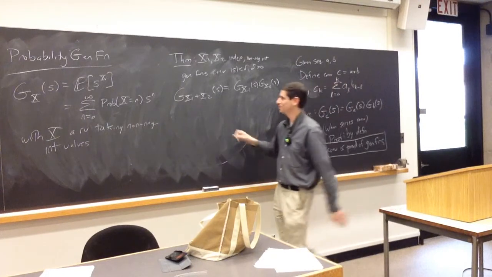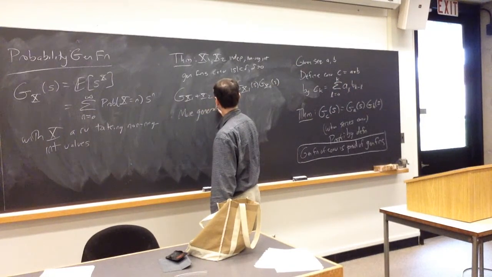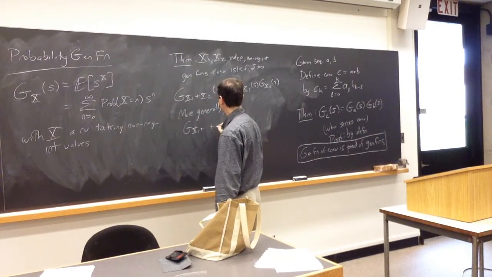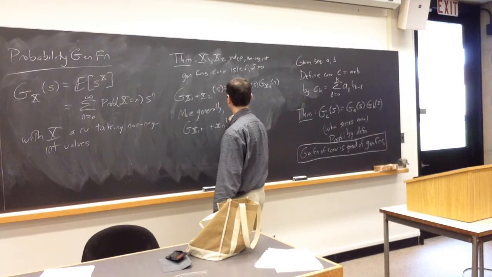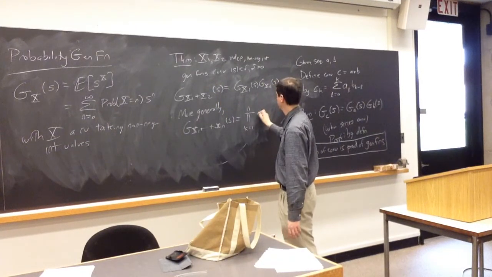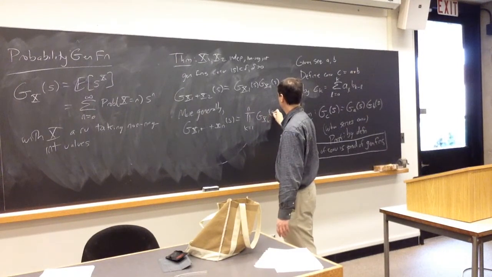More than two. More generally, so to be safe, we should only do a finite number. It'll be the product, k goes from 1 to n, of g x k of s.